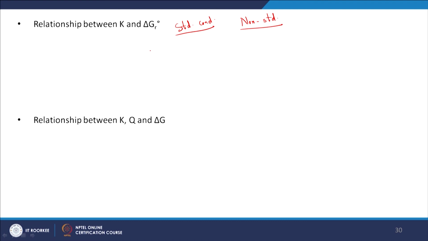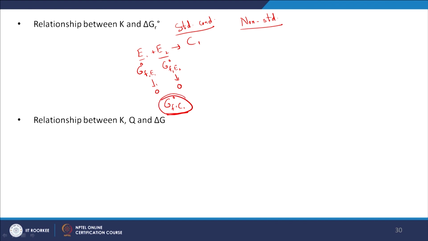Let us say you have elements 1, 2 reacting to form compound 1. We are defining the Gibbs energies of formation of these elements as the references, and they are being 0. From that you can calculate the Gibbs energy of formation of the relevant compounds at the standard conditions, and that is how we went about that.